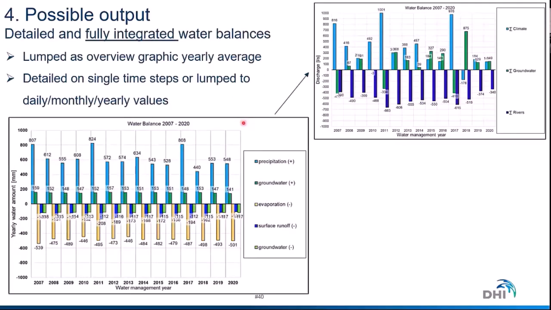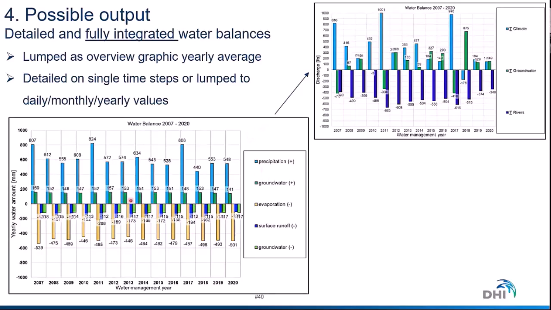The benefit of having these fully integrated water balances is highly underestimated. Since you include every component of the water cycle, you can say how much precipitation is coming into your catchment, in millimeters per year. You can say how much the groundwater is recharged, like here 47, how much groundwater is leaving the catchment again, how much is evaporating from the fallen precipitation, and how much leaves the catchment through surface runoff, so basically the amounts that discharge into your river system.